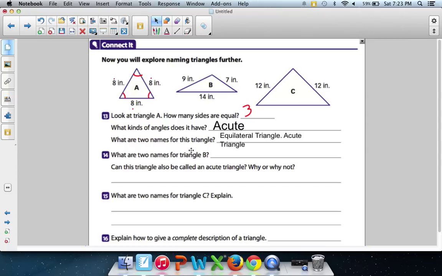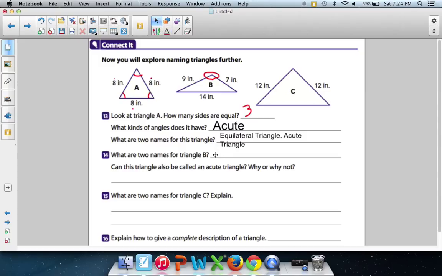What are two names for triangle B? Okay, let's look at triangle B. Nothing's the same. Look, a 9 is not the same as a 7, and that's not the same as a 14. So it's all different, and it has one big fat obtuse angle right there on the top. So think about this, my friends. If you have nothing the same on the sides, that's one name.